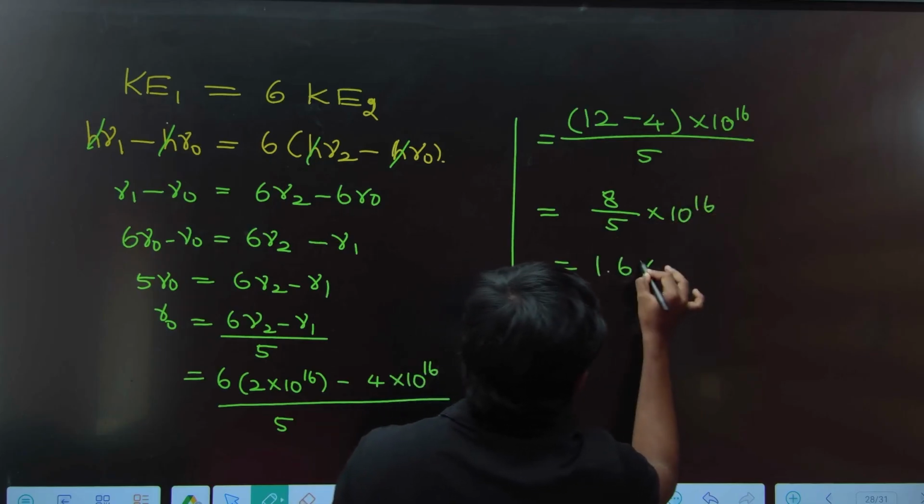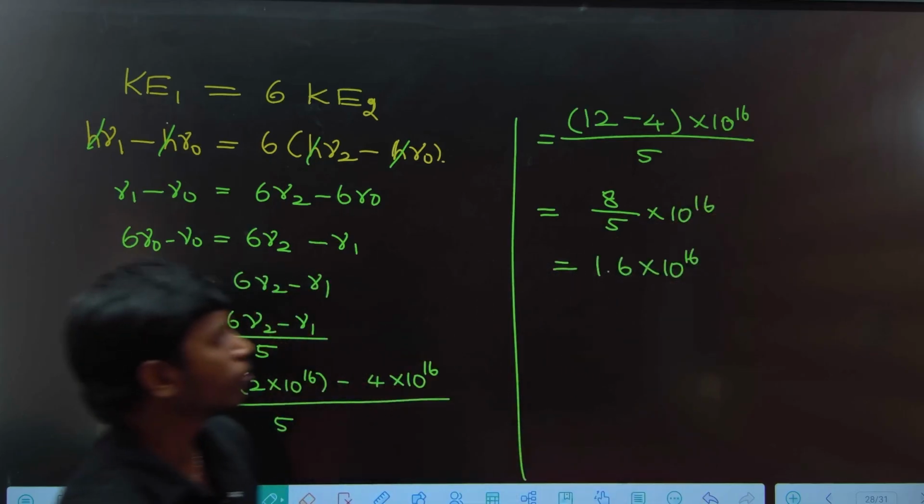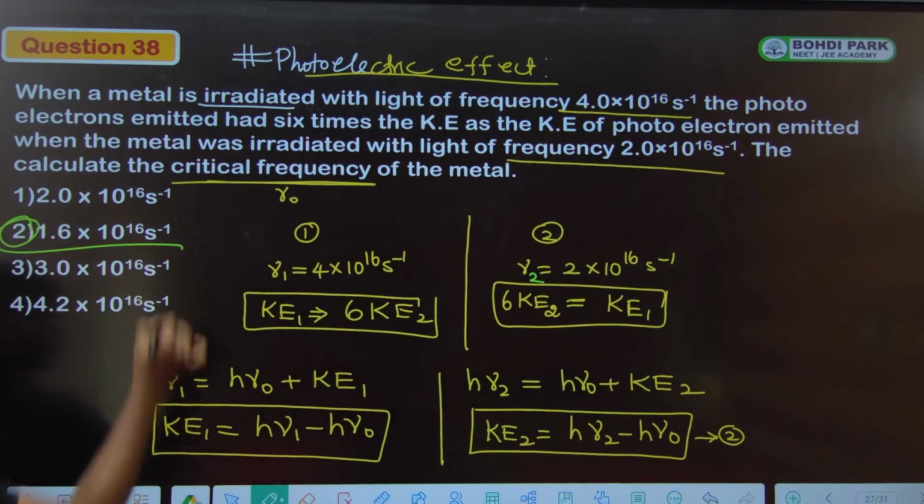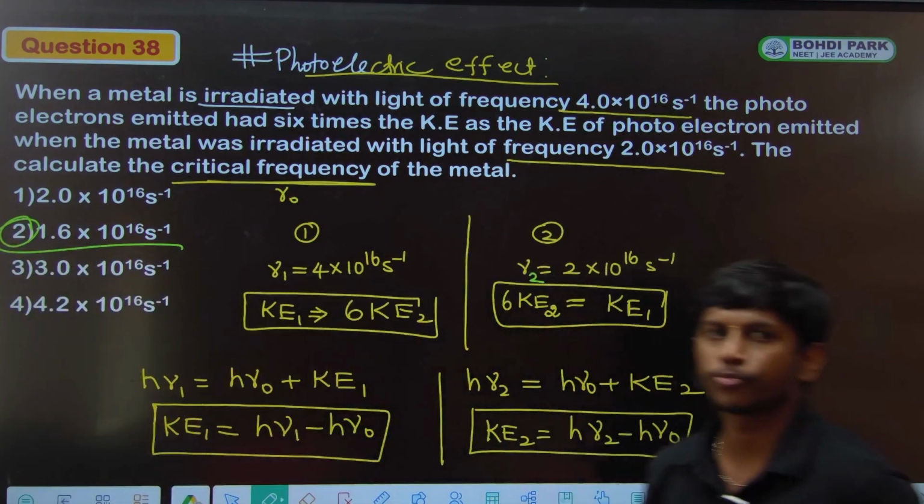So it is 1.6 into 10 to the power 16. So the correct answer is 1.6 into 10 to the power 16 per second. Clear?